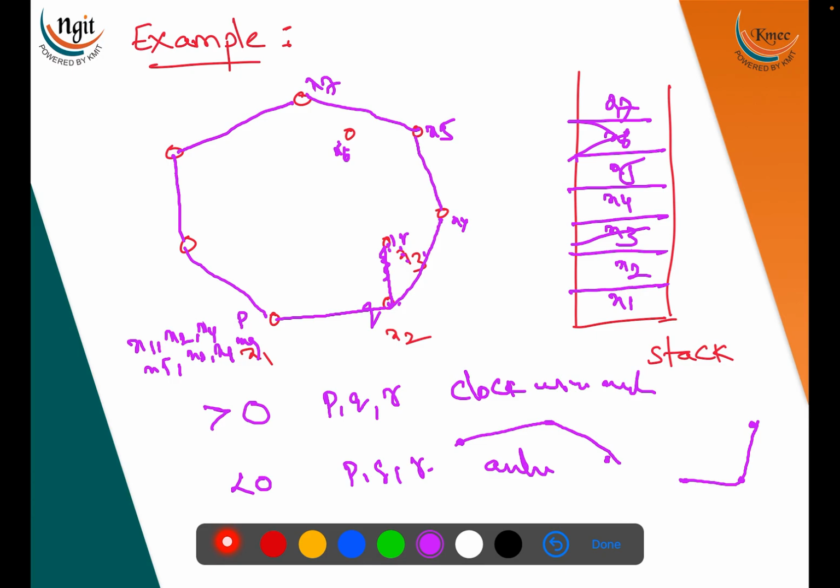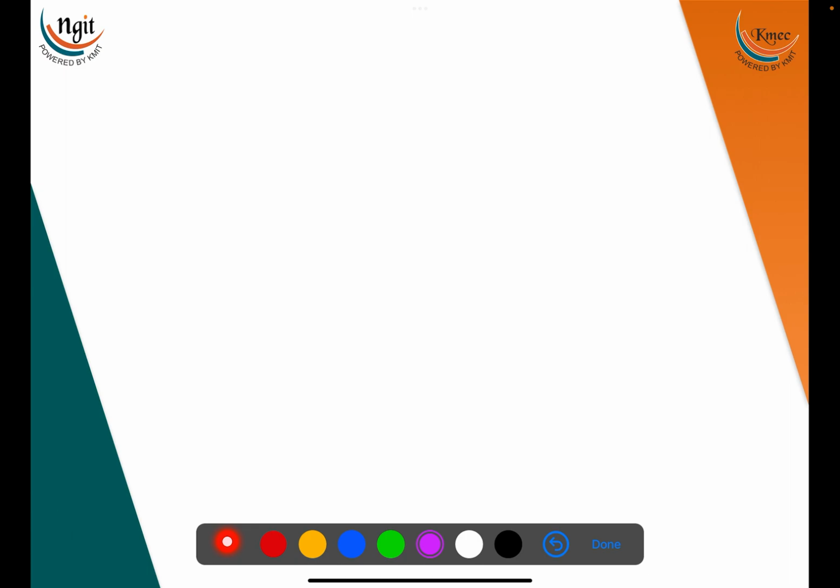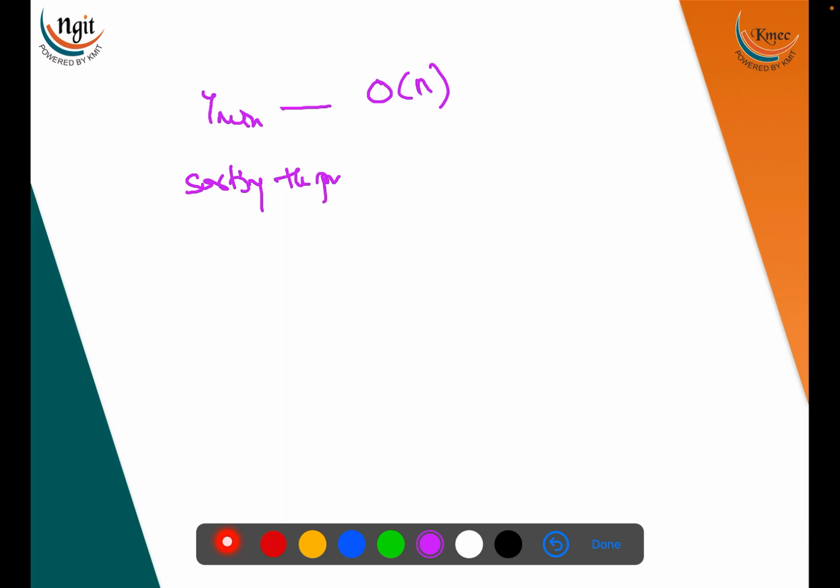Now we'll see the complexity of this algorithm. As far as the Graham-Scan algorithm is considered, we take the vertex with the minimum y coordinate. This process is done for all the vertices, that is big O of n, and we'll sort the points. We will not sort all the points because we will not join all the points, so the complexity of this will be big O of n log n.